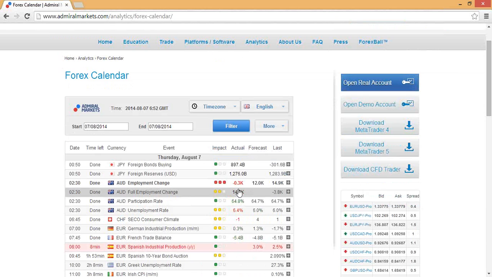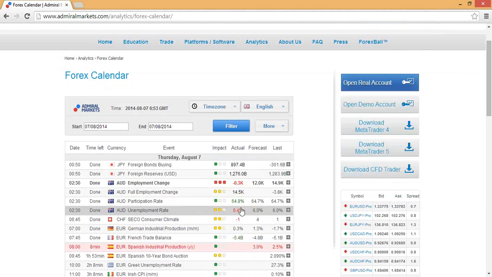Participation rate slightly up, unemployment rate heavily up, 6.4 from 6, so that's a pretty massive upside, absolutely speaking, no matter how you look at it. So I'm not surprised that the Aussie in that regard moved down that much.